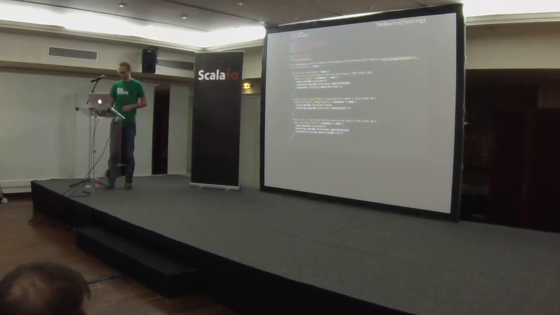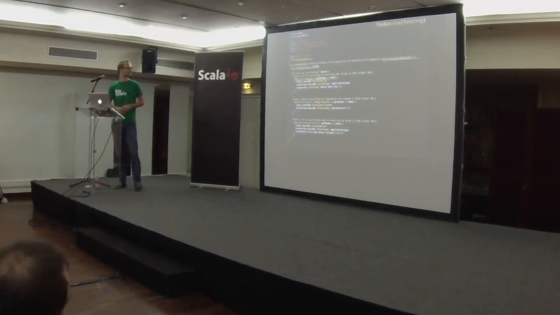What it gives you is a way to execute requests against your route handler, and then check the behavior, check the responses that it produces. You need an actor refactory, otherwise known as an actor system. And then you can start firing requests.